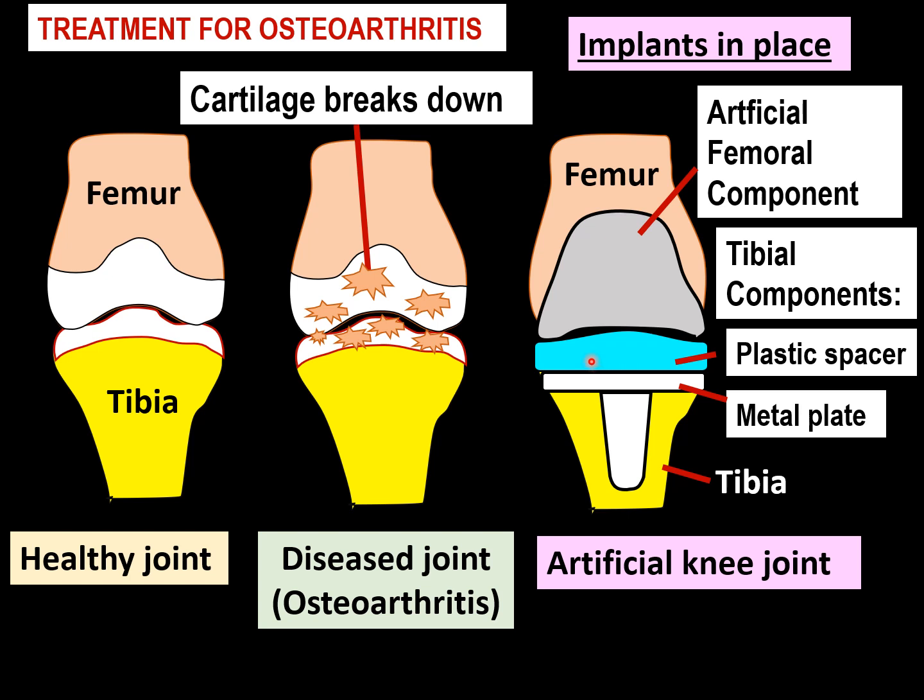It's a spacer, probably to divide these two areas, and then the metal plate here below on top of the tibia. These are the tibial components. So in this condition, the bone ends will not rub against each other anymore because they are metal parts that are in contact with other metal parts. Okay, that's it.